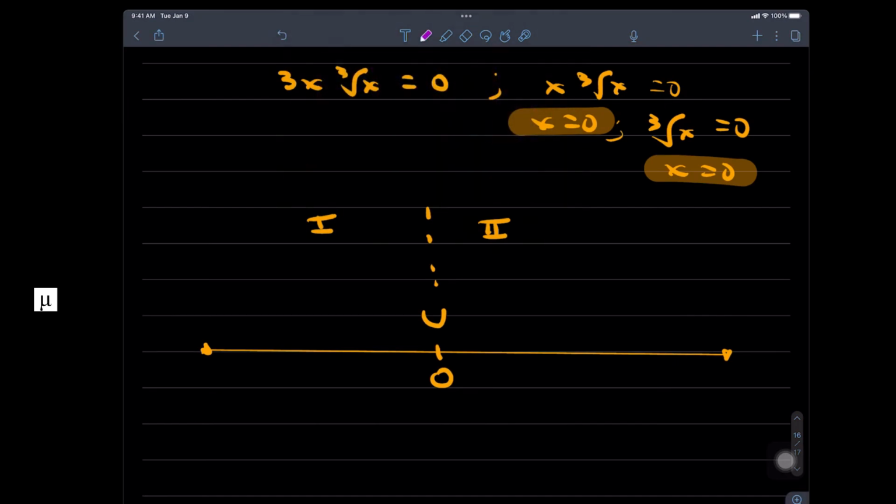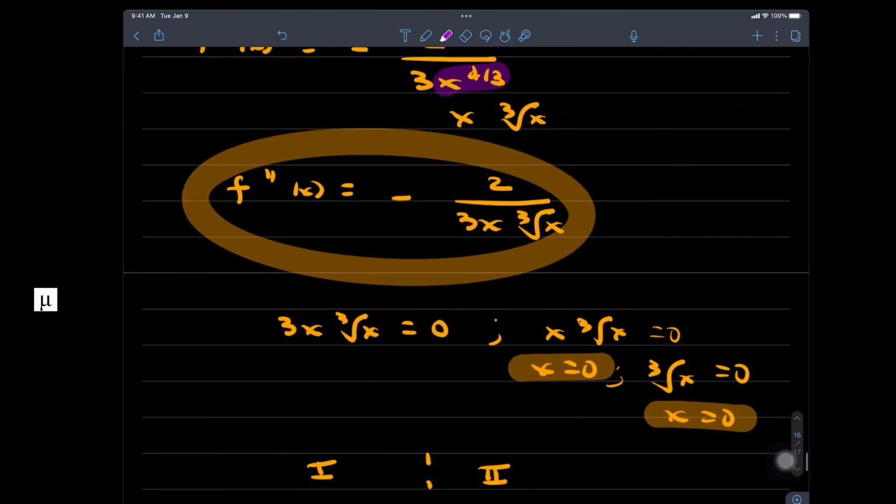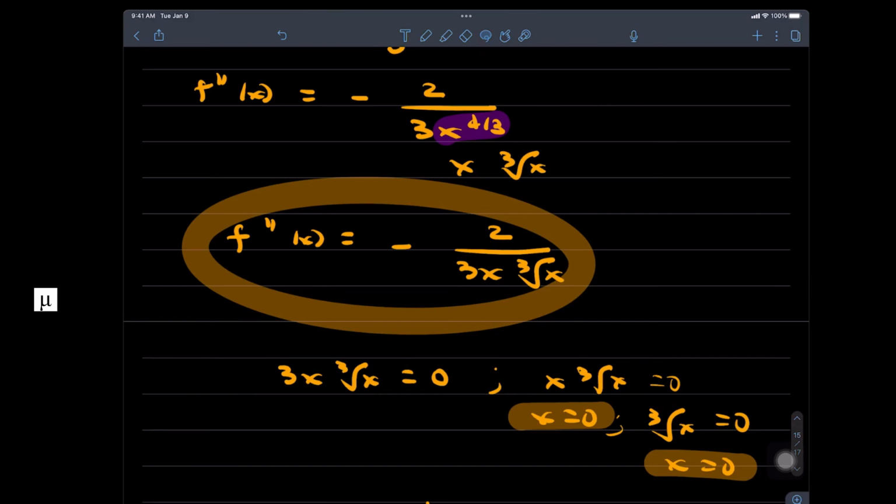So it's kind of easy for the test points. Negative 1, positive 1. I like these values. Okay, because you're going to work with this second derivative here. And in fact, you could go back over here, if you like.